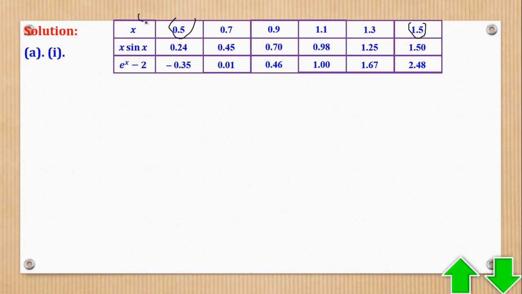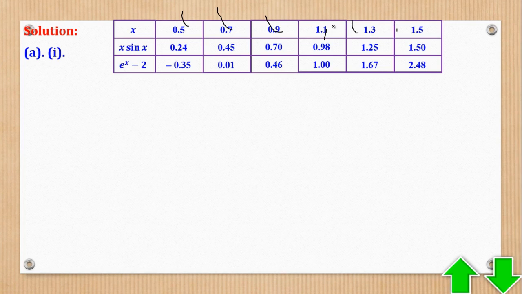If you start from 0.4, it will not be okay because it is outside the range. If you end at 1.6, it will also not be okay because it is outside the range. Then plottable values must be 5. 1, 2, 3, 4, 5, 6. So here we have 6, which is okay. So it should be 5 or more.